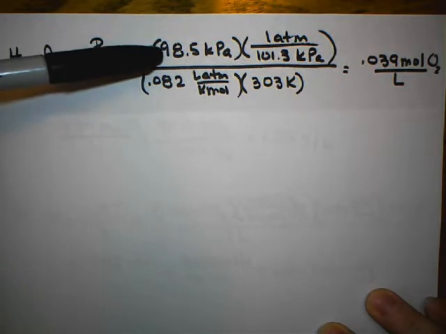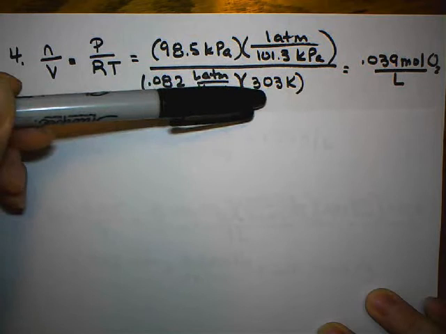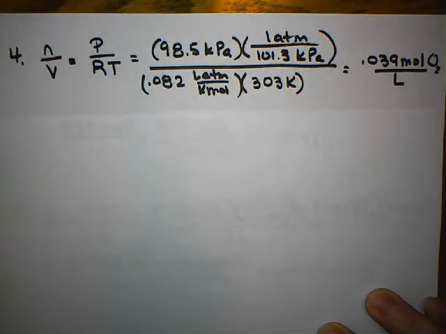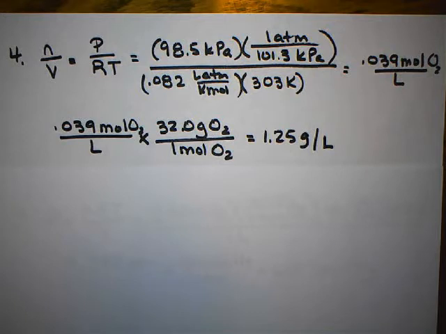So you've got the pressure is 98.5 kPa. So you got to convert that to atm because of our 0.082. Temperature is 303 Kelvin. So you wind up with a pseudo density of 0.039 moles per liter. Last step, since you know it's oxygen, you are going to convert with molar mass from moles per liter to grams per liter.